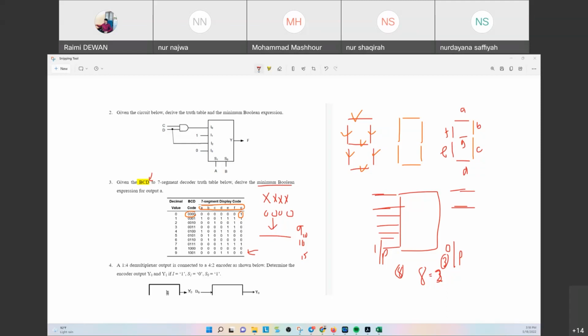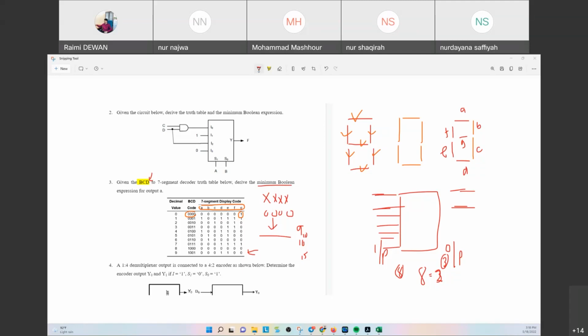Yes, your K-map should have don't care conditions. At what numbers do the don't cares occur? Yes, correct, it's 10 until 15. When you do the looping, can you loop the don't care together with 1 or 0? Can, okay.